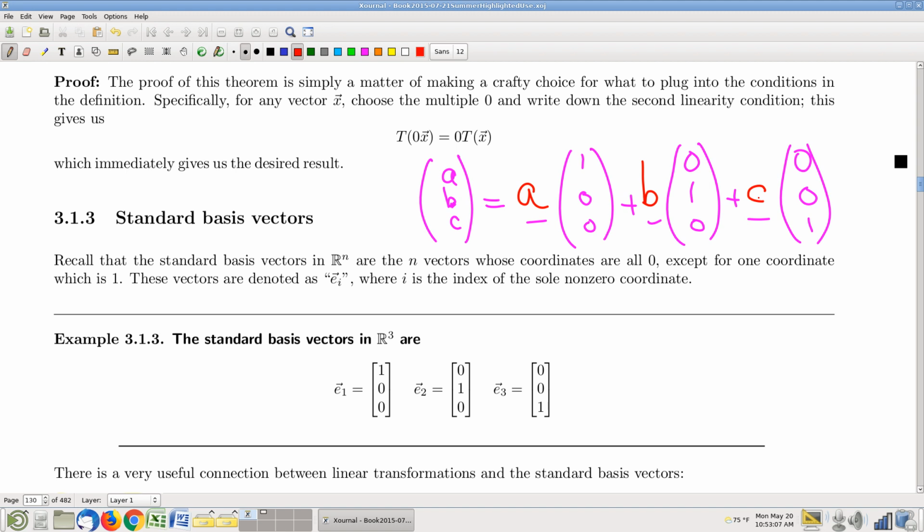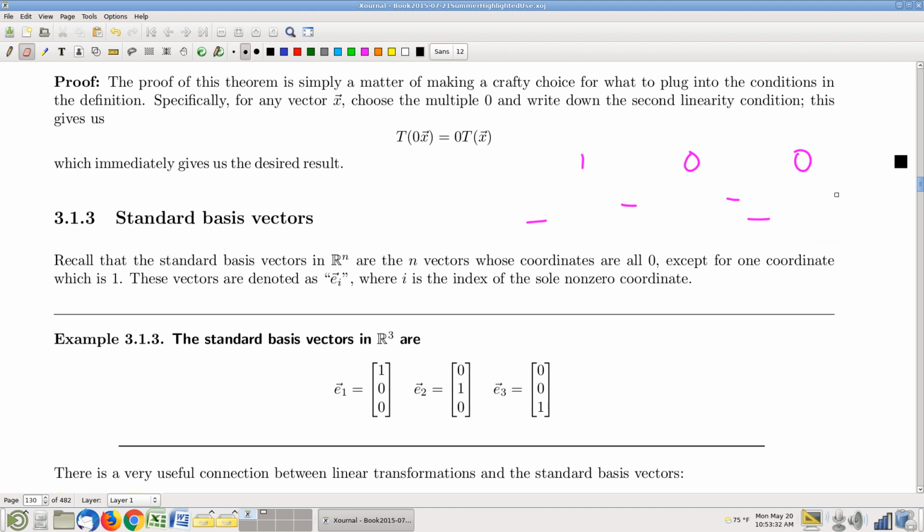This is a unique property of standard basis vectors. You can write every vector as a linear combination of the standard basis vectors, but particularly in such a way that the coordinates of the vector itself are the coefficients in that linear combination. This is a really special fact for reasons that we'll see more of in Math 216.